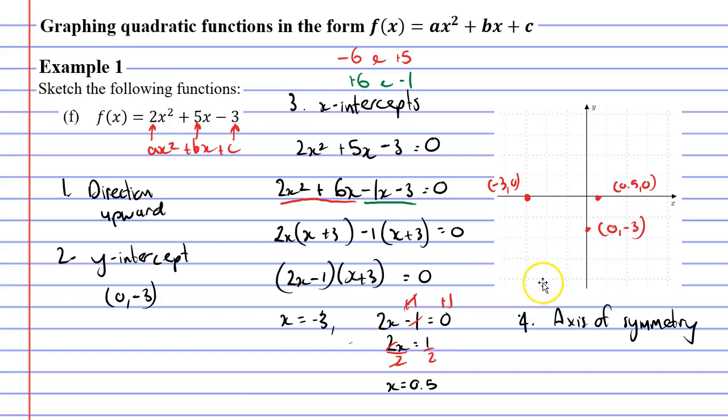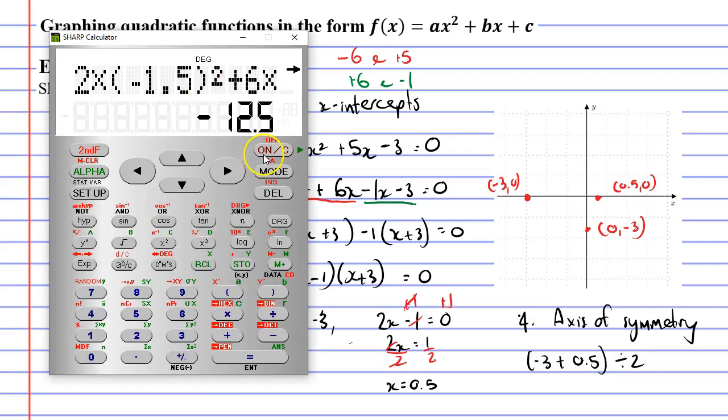The axis of symmetry occurs halfway between the two x-intercepts. So probably the easiest way to do this is just to add them up. So we had -3 and 0.5 and then divide them by 2. I'm going to grab my calculator for this. -3 plus 0.5.